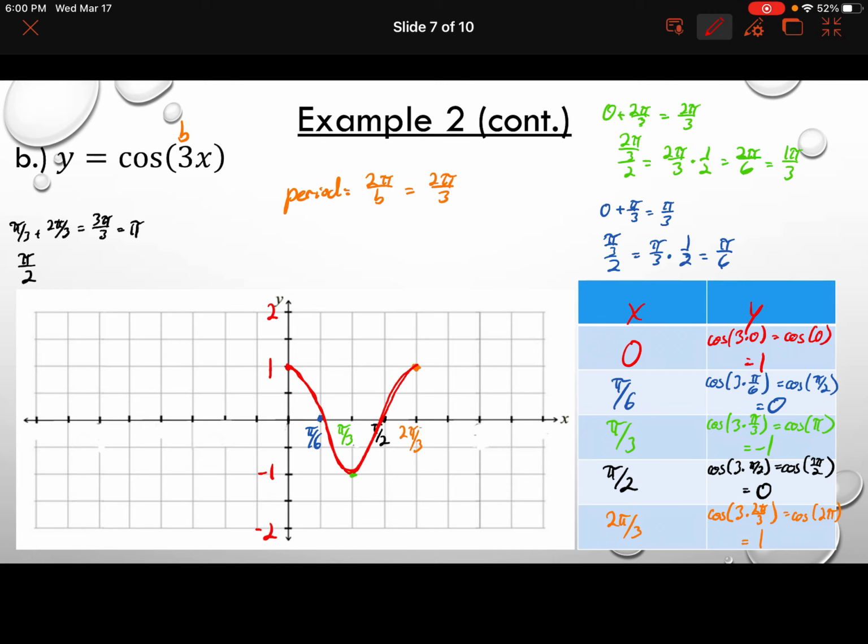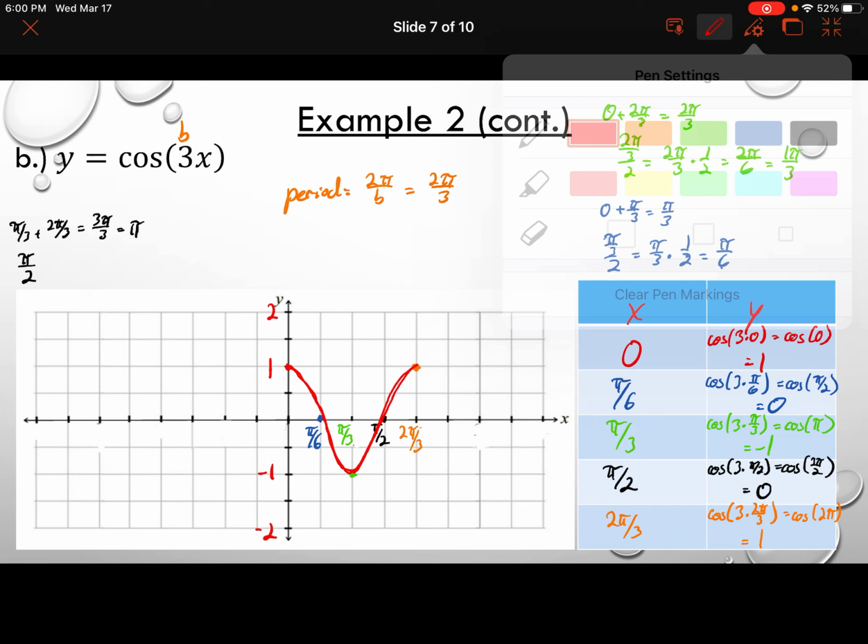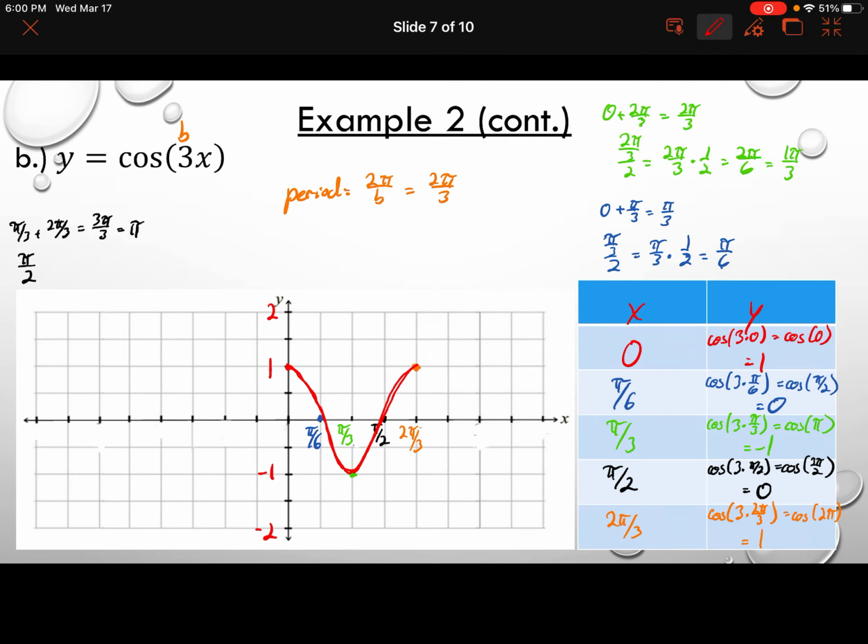All right. And once again, remember, this is one cycle. So now we can just repeat it. So it started high, then it went down, then it went high. So it started at a maximum, the high point, and then a minimum, the low point, and then back to a maximum. So we just got to repeat.